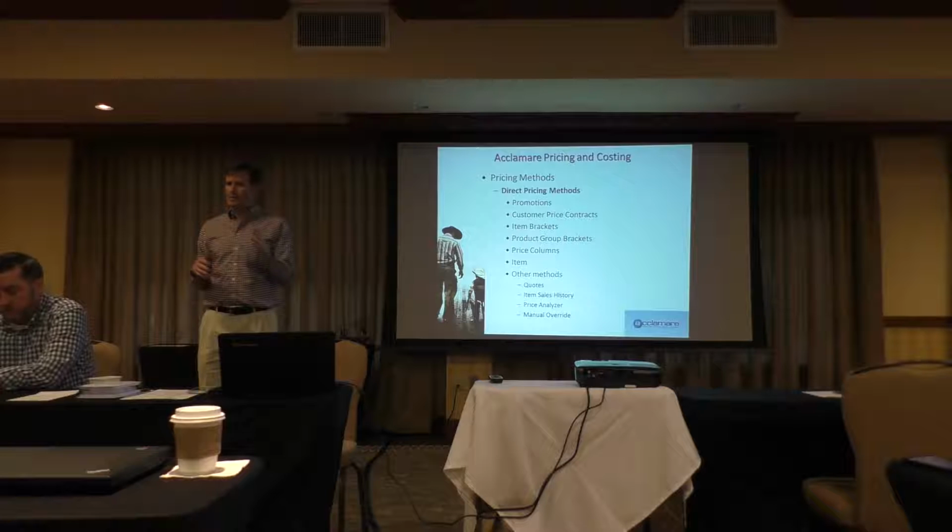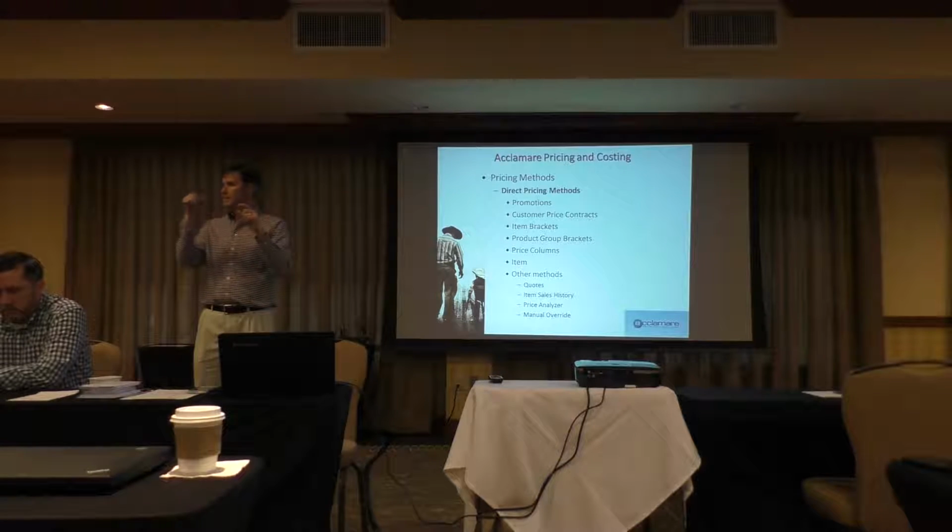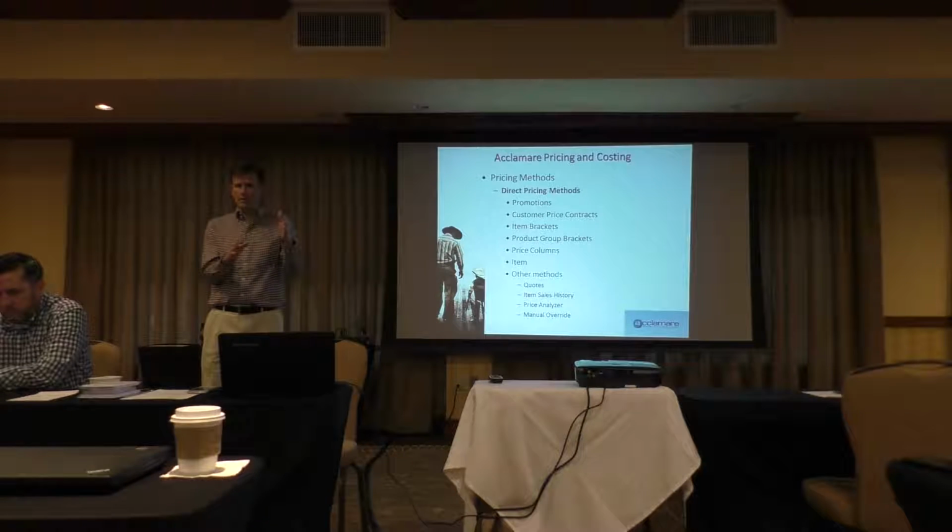So what happens where you have a product group that's priced a certain way, and then an item that resides in that group, but they're all in the same contract? There's a hierarchy to that as well.